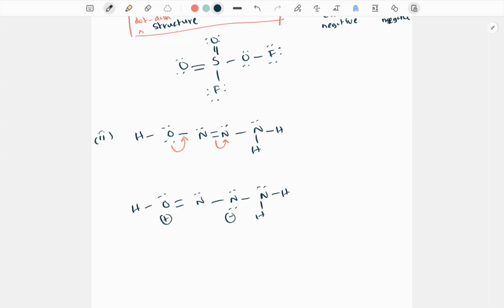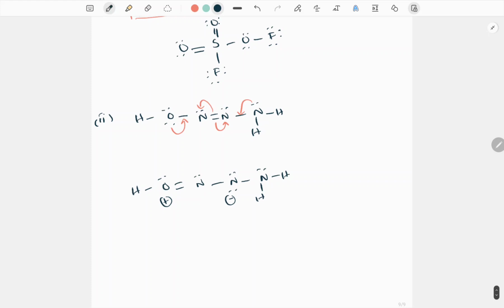Another one, displacing this lone pair here and displacing this one to this nitrogen, we will obtain another one.